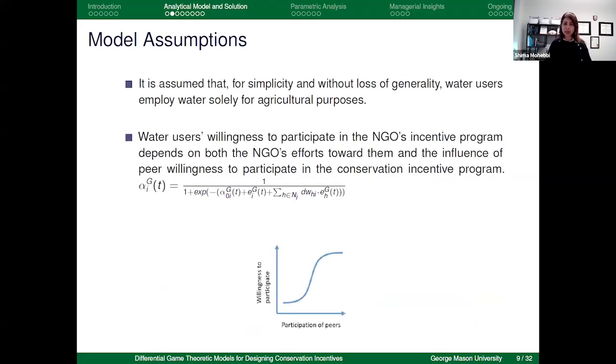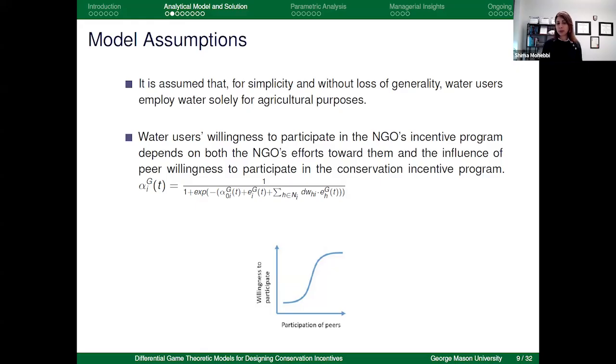We made some assumptions to formulate the utility functions for water users and the NGO, which are listed here. It's assumed that water users employ water only for agricultural purposes, and water users' willingness to participate in the NGO's incentive program depends on both the NGO's efforts towards them and the influence of peers' willingness to participate in the conservation incentive program, as presented in this formula.